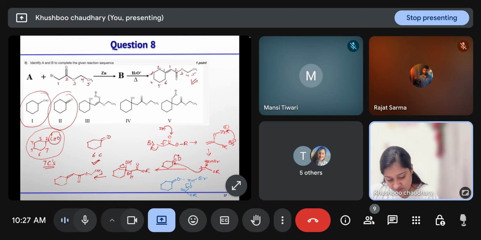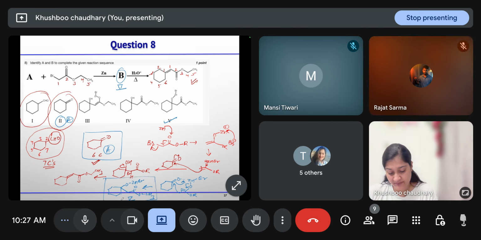Then this will shift here, this will go here, and this will form a bond. So the intermediate that will generate is OZnBr, and here this is COOCH3. So the intermediate that is formed, that is B, is your fifth. So this is fifth and A is second. Is this clear? Yes, ma'am, clear.